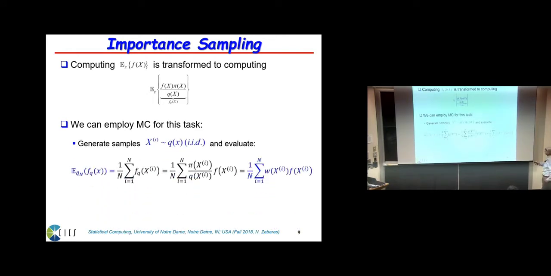We're going to take n samples from the distribution Q of x. You remember the expectation of f with respect to pi is now going to become an expectation with respect to q of f times w.